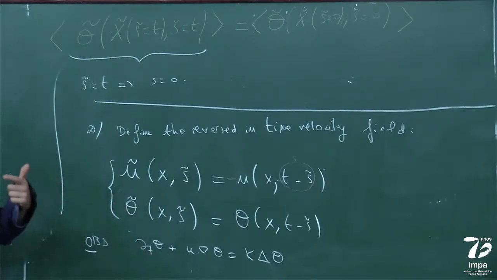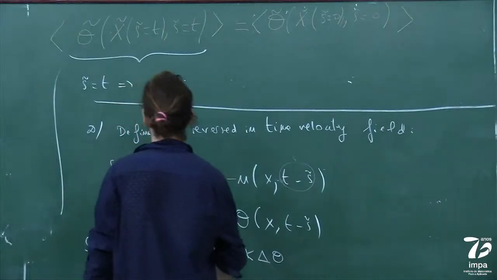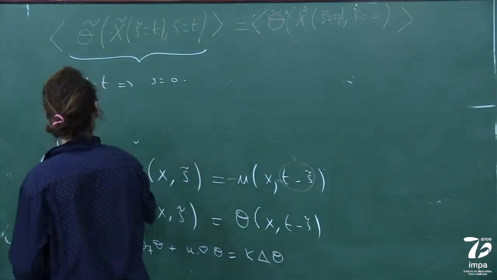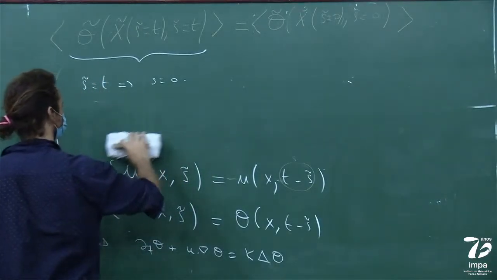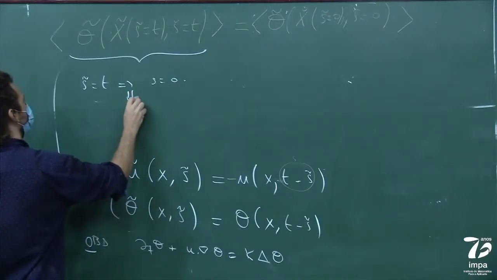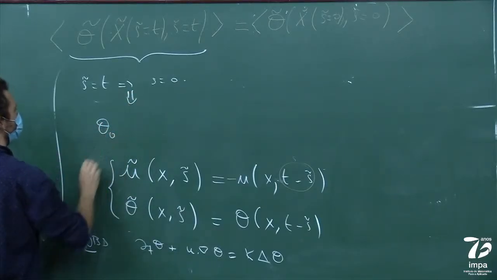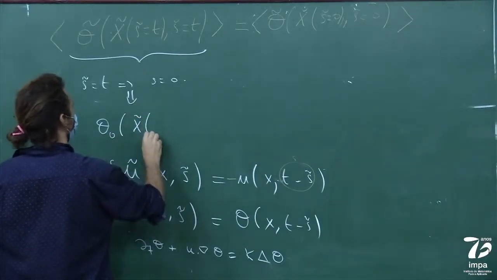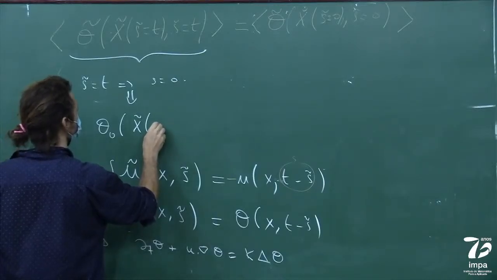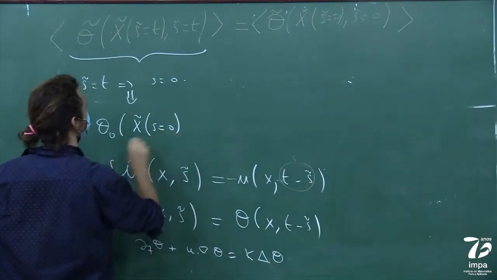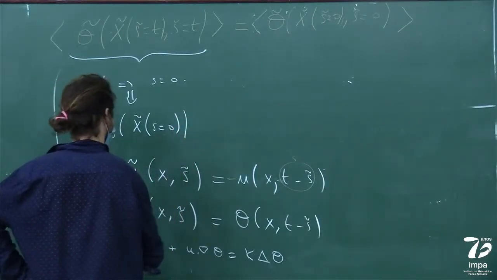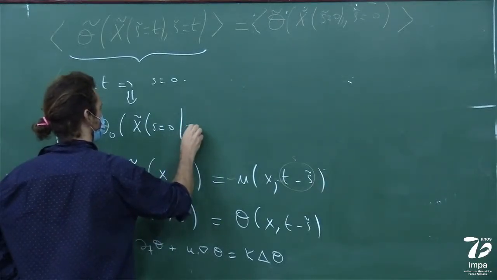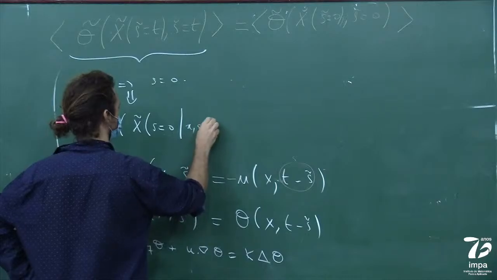This is nothing but theta 0 for the reverse position. So we obtain theta 0 of x tilde at s equals 0, knowing that I was at x at time s equals t.